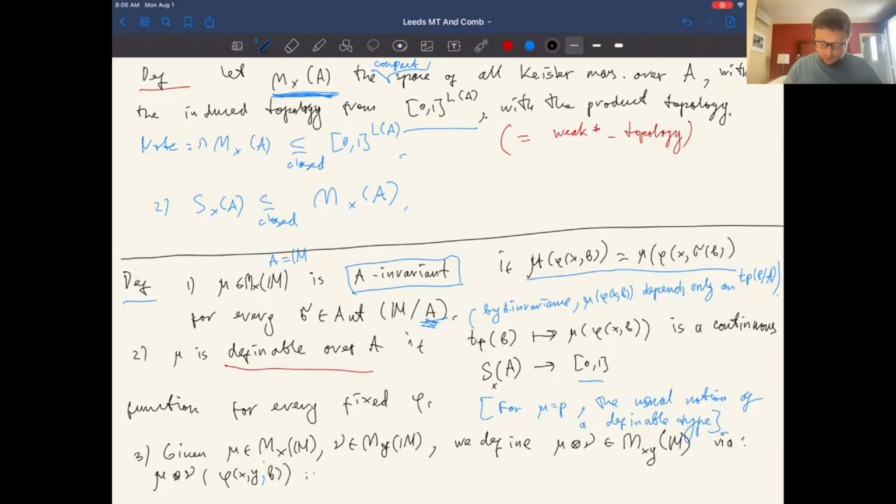So we're going to assign to it the measure to be the integral of mu of phi of x, p, b, d nu, where let me put the type p here, and I'll explain it in a second.